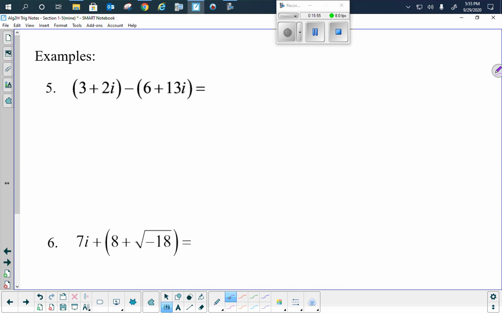Let's say, answer in A plus Bi form. Answer in A plus Bi form. Okay, so here we go. I'm going to first just say 3 plus 2i. I don't need parentheses. I'll go ahead and distribute that negative sign here. So negative 6 minus 13i.